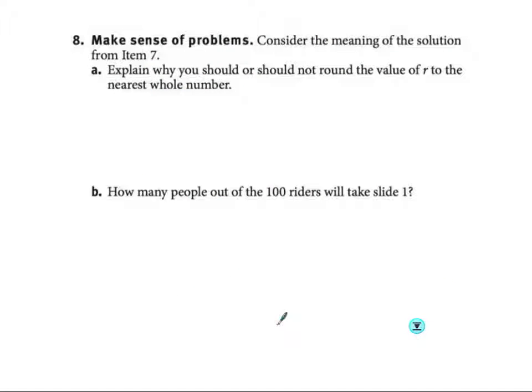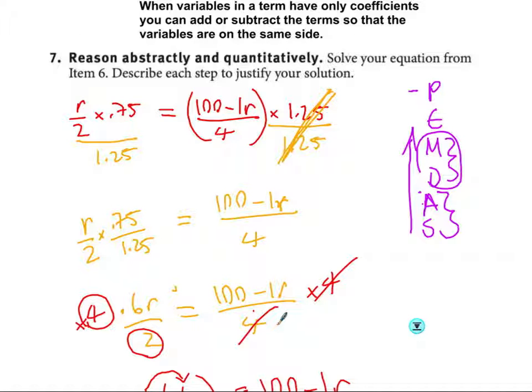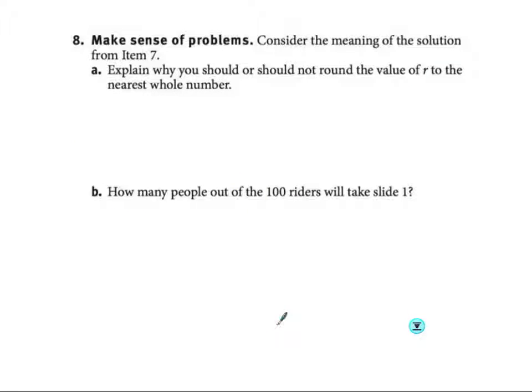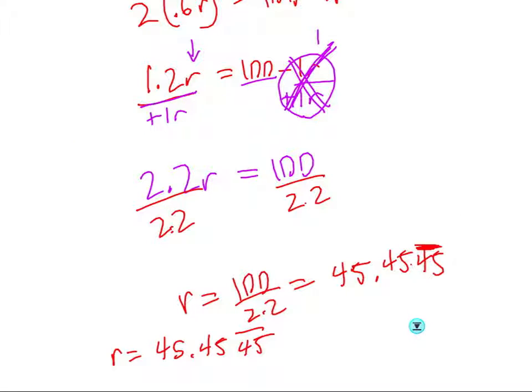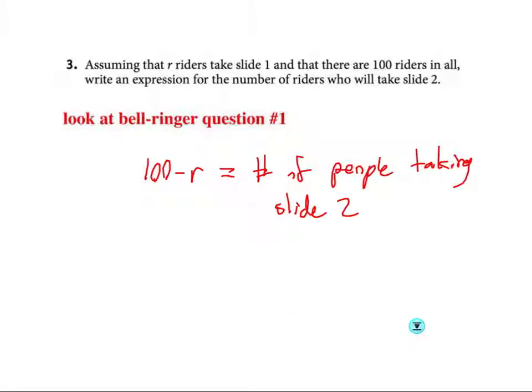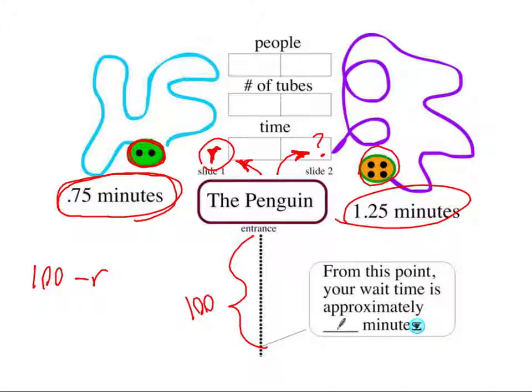Now this is what I want you to do. I guided you through solving this really complex algebra problem. You're solving for r. Now I want you to interpret what specifically that solution means. I want you to tell me how does r equal 45.45 help us solve our original problem, which is to find out what to put here, the wait time that Jabir must write after that 100th person.